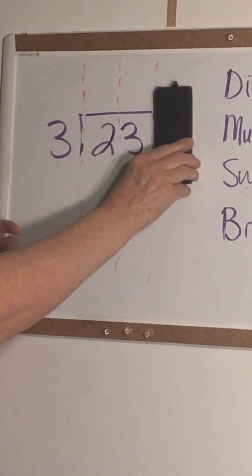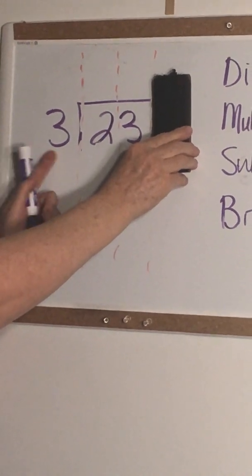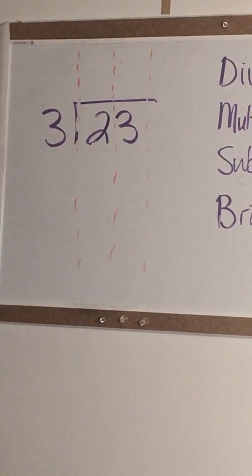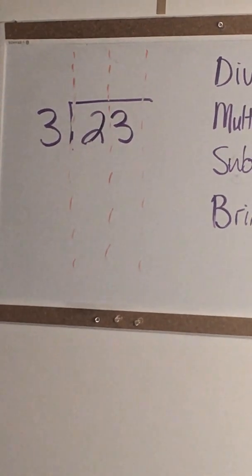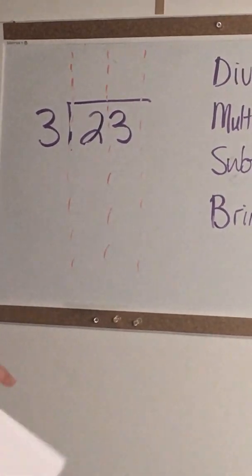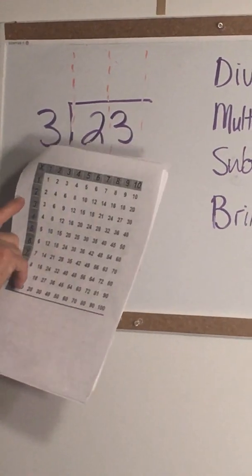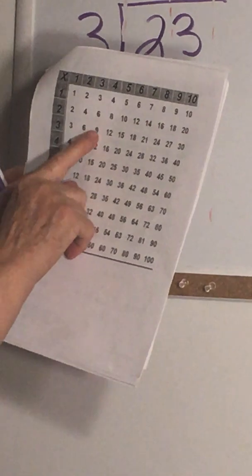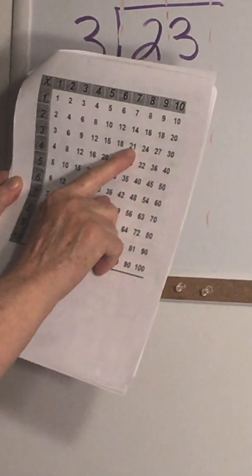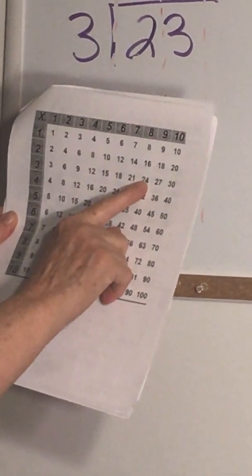Okay? So if you know your math facts and you know your 3's, you can actually look on your sheet in your 3's, so find the 3's, and then look in here: 3, 6, 9, 12, 15, 18, 21. 24 is too much.